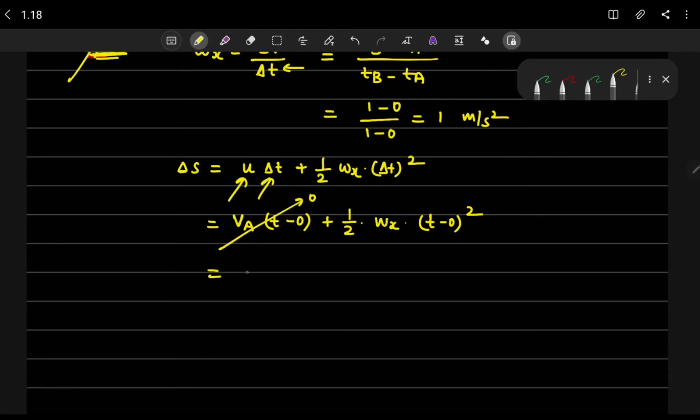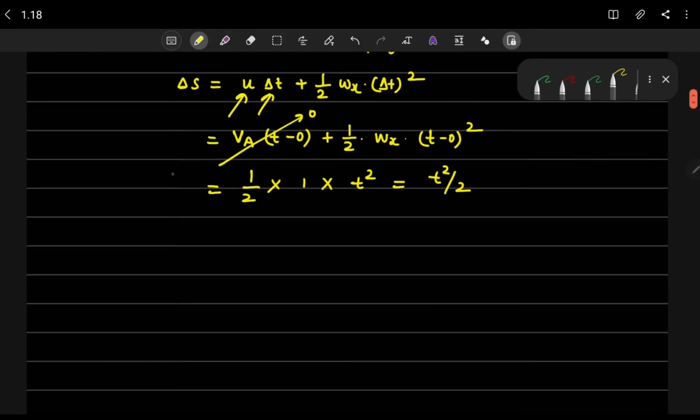In the second part, half into wx, which we found as 1, into t squared gives t squared by 2. So this is the displacement in this region.